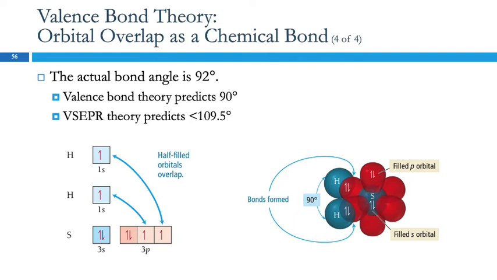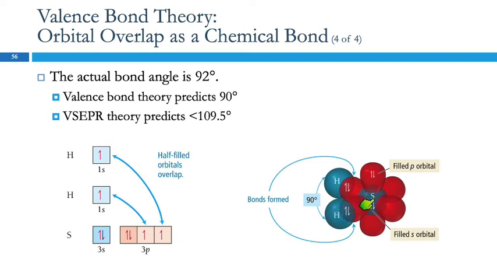So there's an issue with this, though. The actual bond angle is 92 degrees. Valence bond theory at this point is predicting 90 degrees, right? Because these are p orbitals, and they are perpendicular to each other.